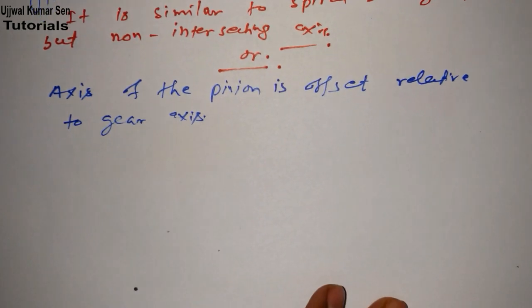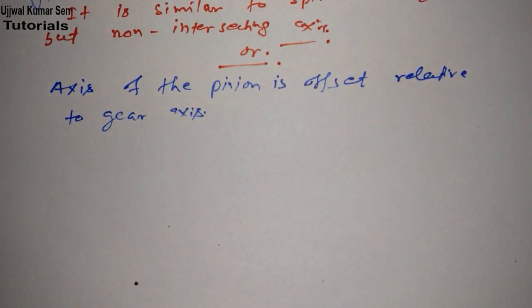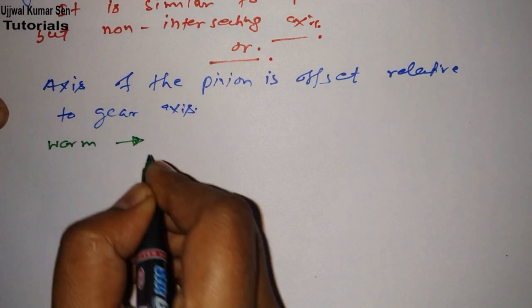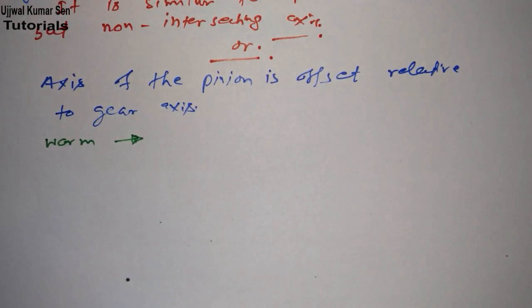And yeah, worm and worm wheel gear, it is one of the special case gear. I must say that worm and worm wheel is most important. Let's say about worm gear. What is worm gear? We know worm gear as worm and worm wheel gear most of the time.